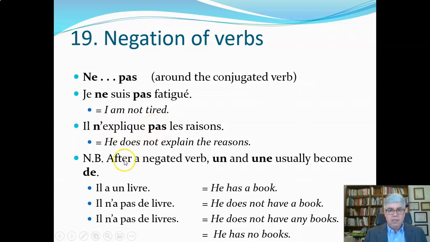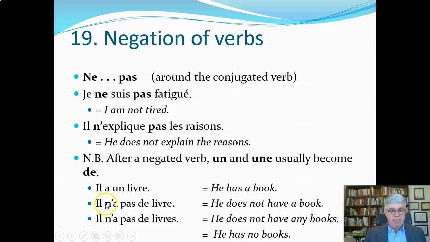Okay, now note that after a negated verb, un and une change form, and they usually become de. Another use of the small d e. So if we have the sentence, il a un livre, that's a as avoir, to have, that means he has a book.